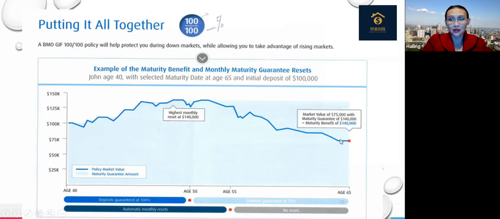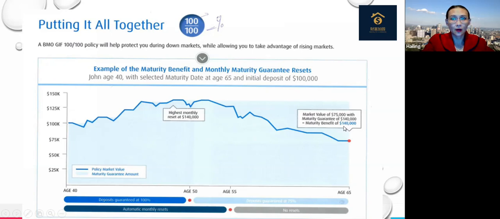The next few years is a bear market. At the age of retirement, age 65, the market drops, and his 100,000 investment becomes 75,000 at market value. So he suffered a loss, and nobody wants to see that, right? But when we help you put it into the segregated fund, you know what? Even though the market price is 75,000, how much can John get at the maturity day?